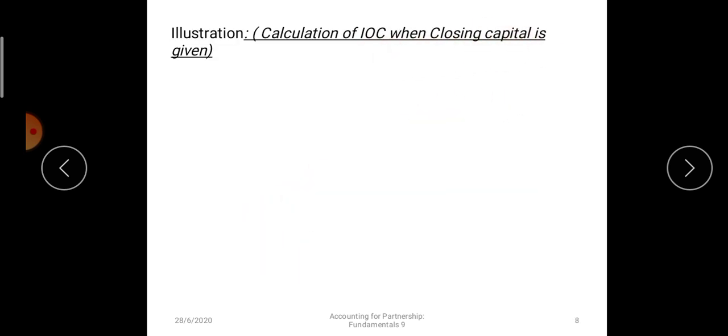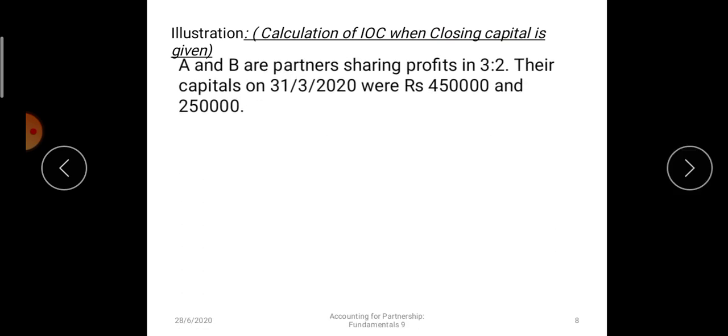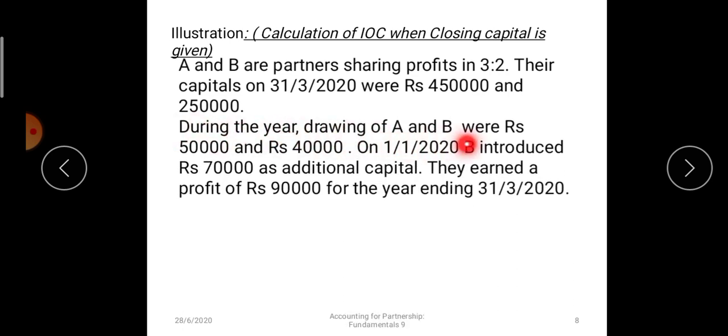Now the calculation of interest on capital when closing capital is given. A and B are sharing profits in the ratio of 4:3. Their closing capitals are 4,50,000 and 2,50,000 rupees. During the year, their drawings were 50,000 and 40,000.